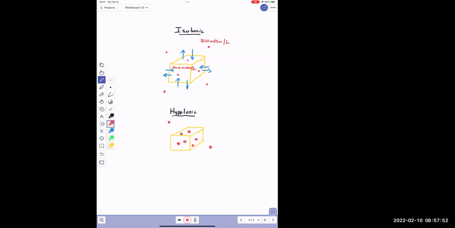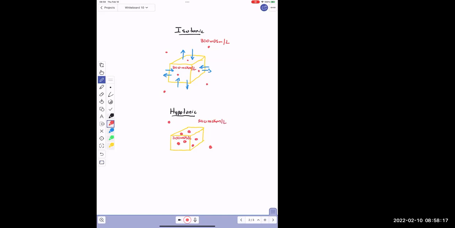Let's just say that the osmolarity is 300 milliosmoles per liter inside of the cell, and 200 milliosmoles per liter outside of the cell.